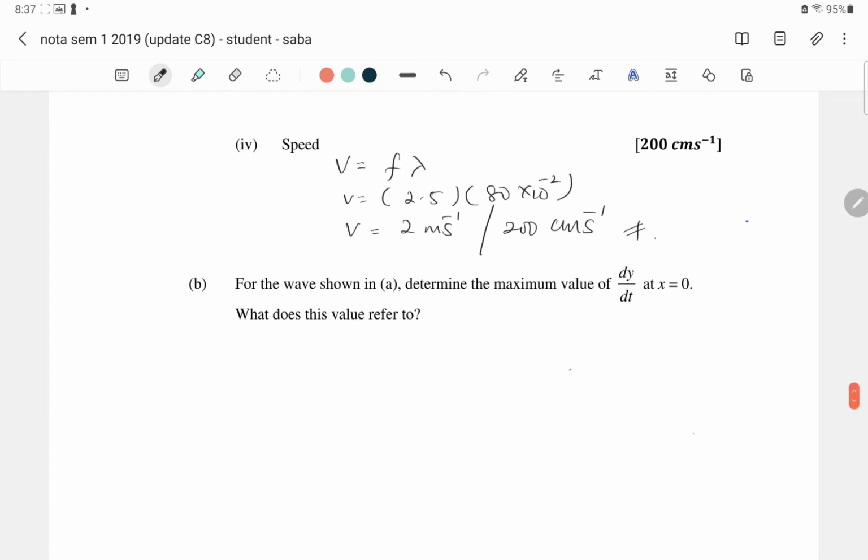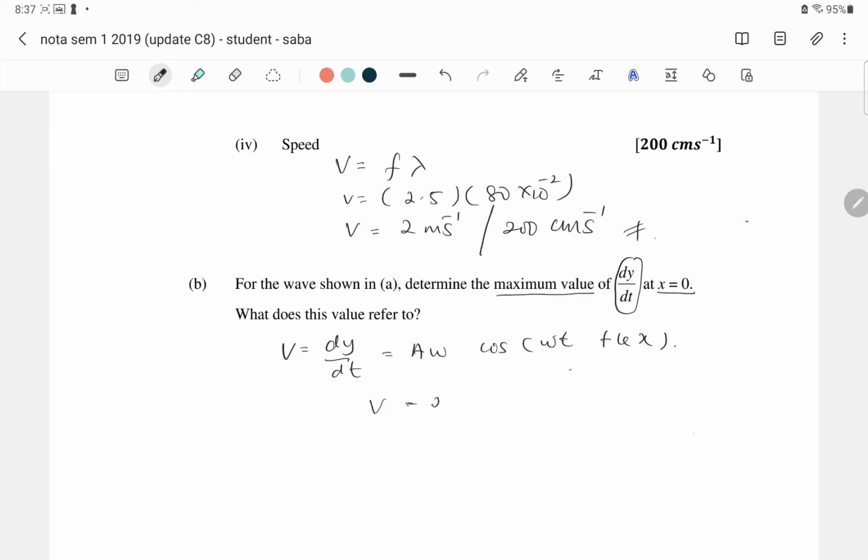Alright, for B, for the wave shown in A, determine the maximum value of dy over dt at x equal to 0. So we know v is equal to dy over dt. So we can have A omega cos omega t plus kx.